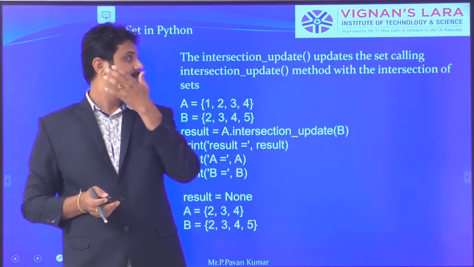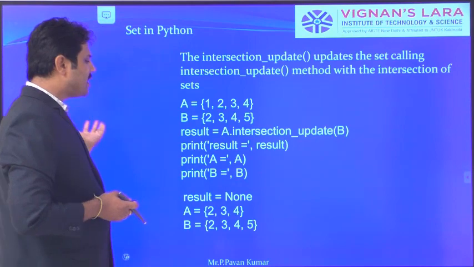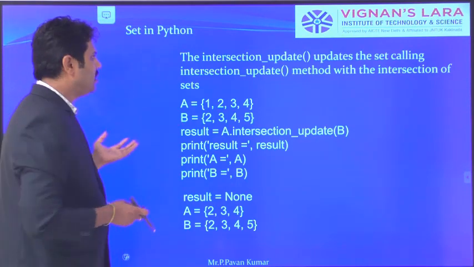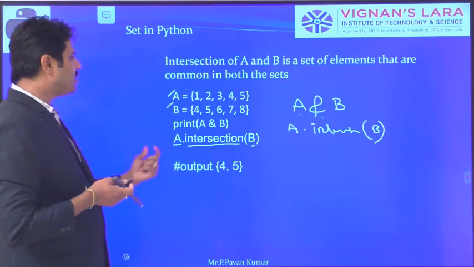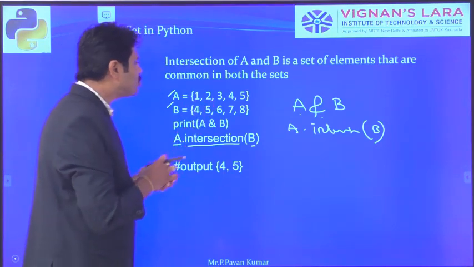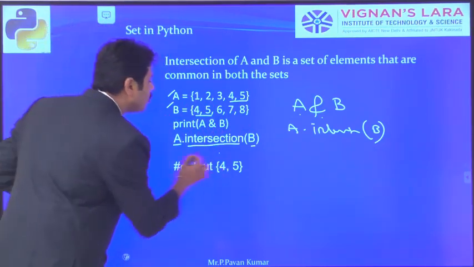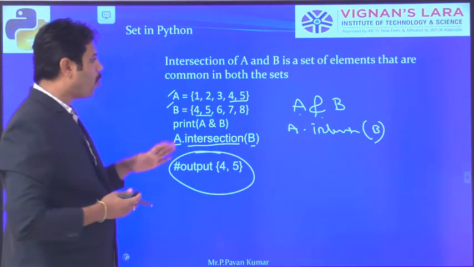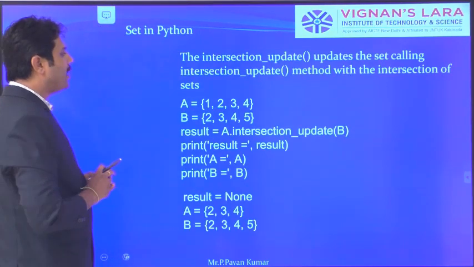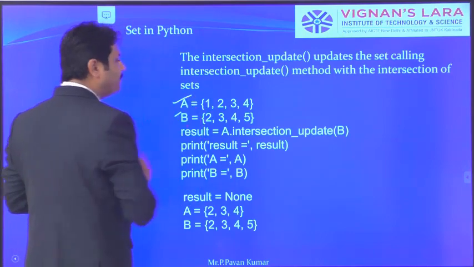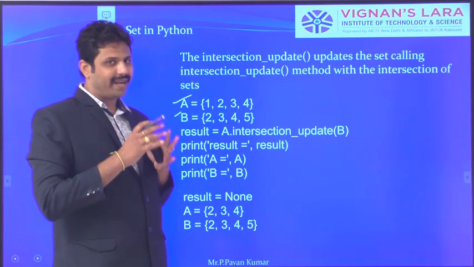Intersection update. It is like the previous intersection operation. Intersection takes the common elements, that means 4 and 5 are the common elements, and that is your output. So in intersection update, you have A and B. Here we don't have any symbols.